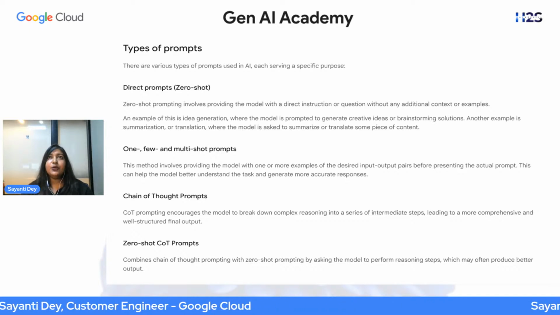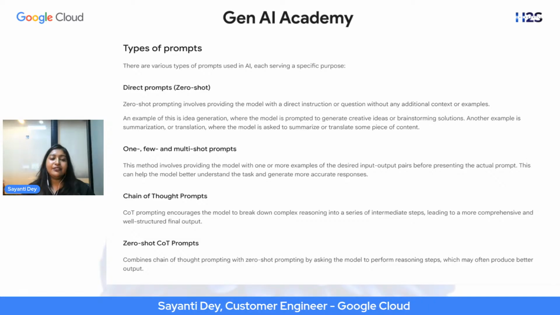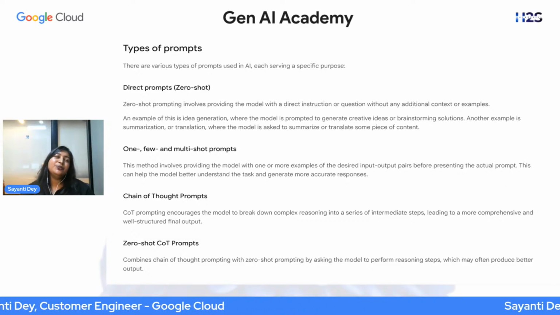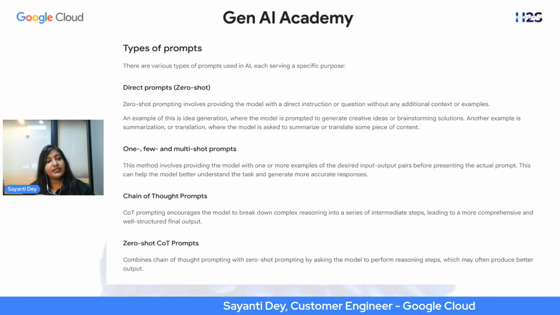Now let's say you want to write a story about a dog. You are just asking the model, write a story about a dog in 500 words, where you're not giving any example of what the structure should be, what it is for, or whether there are any restrictions or not. So you're not specifying any of this. So this would be a zero shot prompt.